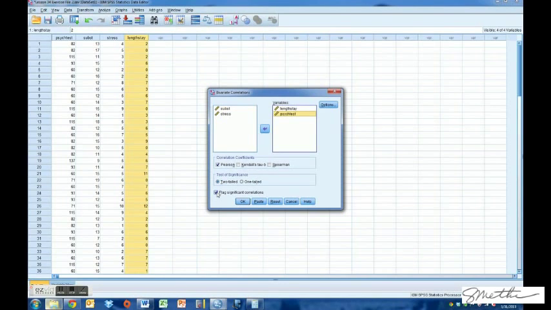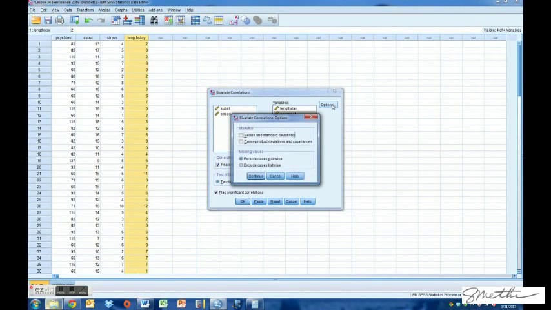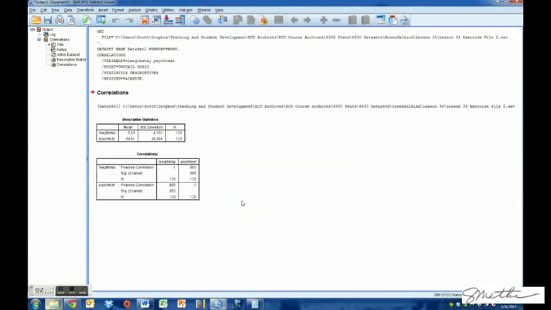We don't need to look at the significant correlations because that's a pretty advanced issue, but for our purposes, let's say significant correlations reflect a very basic level of trust we can have in the correlation. Let's look at the options. Sure, let's take a look at our means and standard deviations for the heck of it, and then click OK and see what we get.